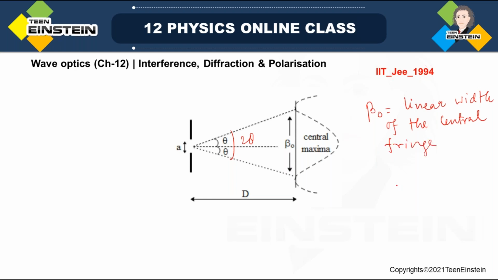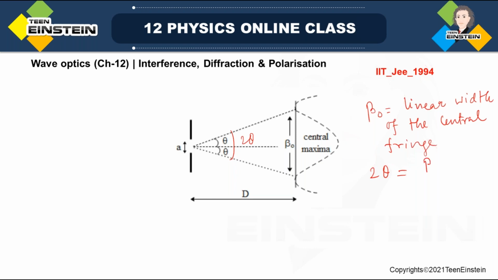We know the arc is equal to the angle times the radius, so theta is s by r.